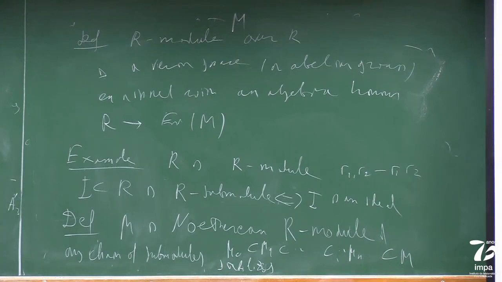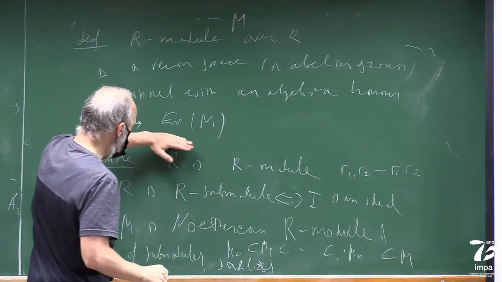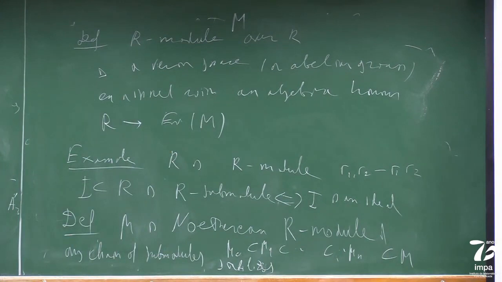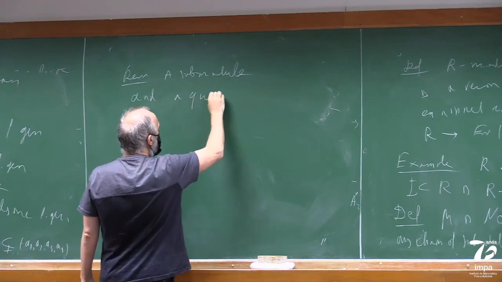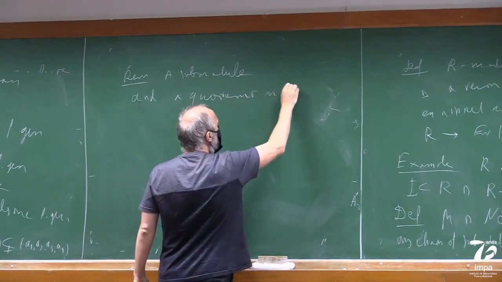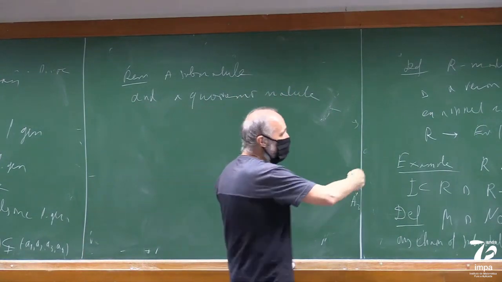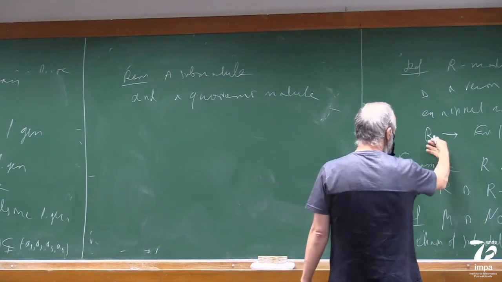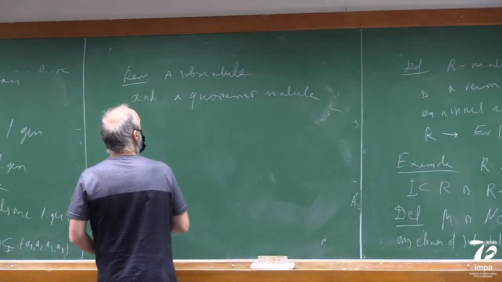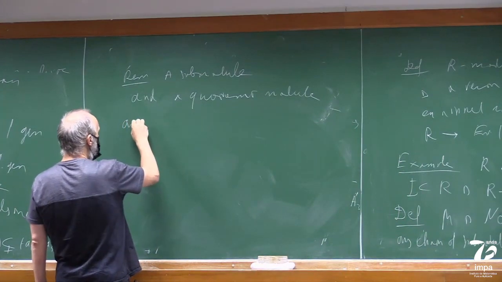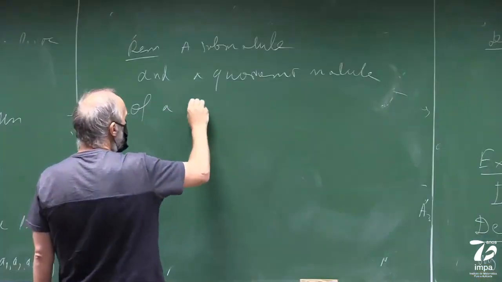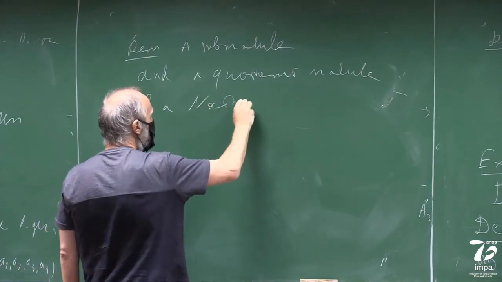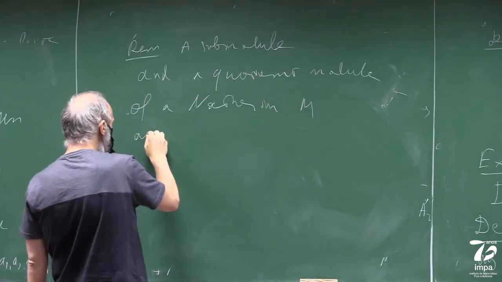So remark: a submodule, which means that it is a subgroup which is preserved by these endomorphisms which come from R, so it's preserved by multiplication in R. A submodule and a quotient module. A quotient module is again a quotient space by a subspace which is preserved by R, so the quotient is also preserved by R. Submodules and quotients of a Noetherian module M are as well Noetherian.